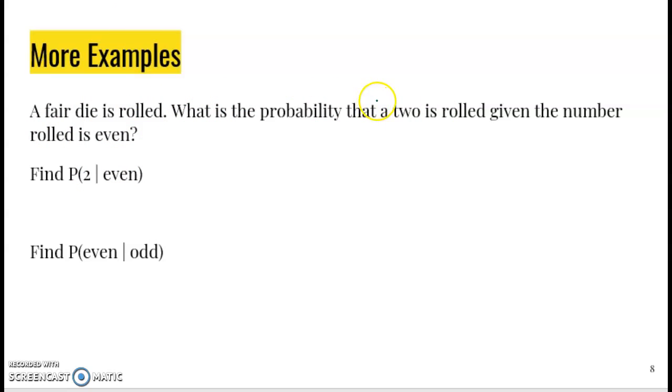The probability that a 2 is rolled might be event A, and the given part, the number rolled is even, is event B. So I'm finding the probability of event A given event B. Using my formula, I'm finding the probability of A and B divided by the probability of event B.